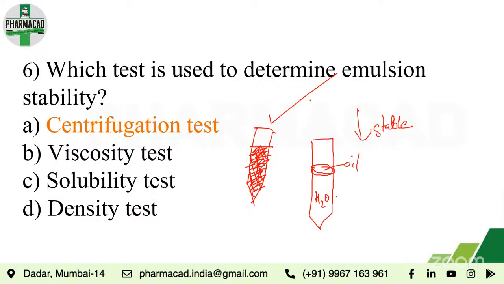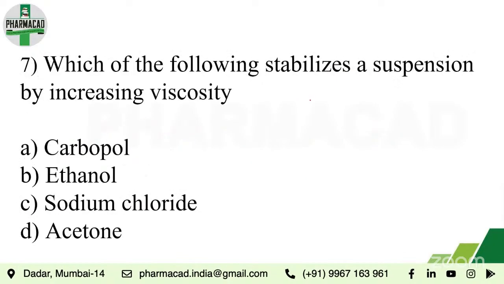Yes, sir. Okay. Which of the following stabilizes a suspension by increasing the viscosity? पहले तो ये बोलो, suspension में जो हम viscosity increase करने वाली excipient डालते हैं, उसको क्या बोलते हैं? What is the excipient called? Shear thinning, sorry? शear thinning होता है ना वो? No, I'm telling you, suspension में viscosity बढ़ाने के लिए the excipient which we put, what is that excipient called?